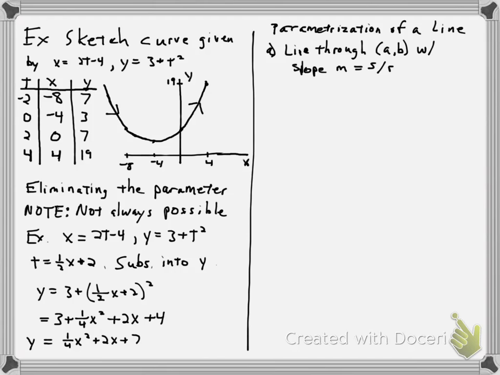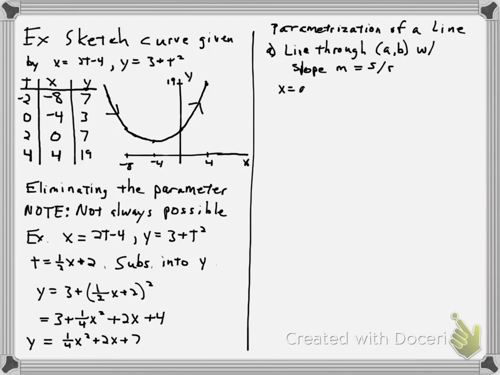Now, if you were given a slope that was just, let's say, 3, of course you can write 3 as 3 over 1. In this case, we can parametrize this line through this point with a slope equal to s over r this way.